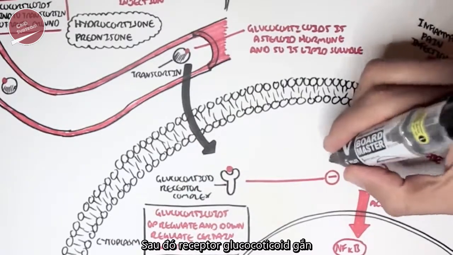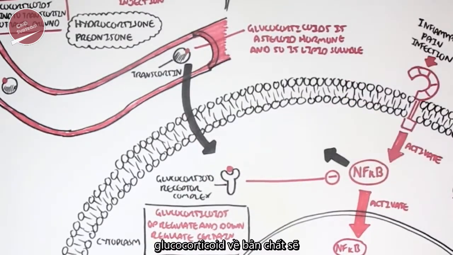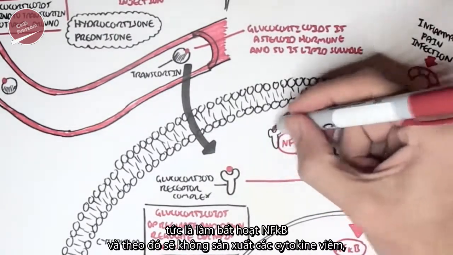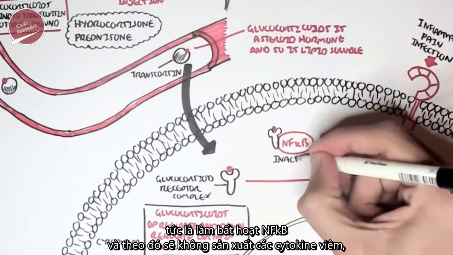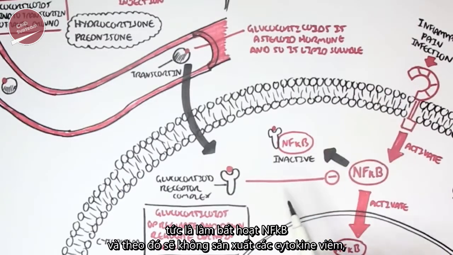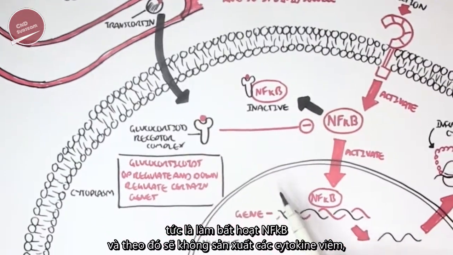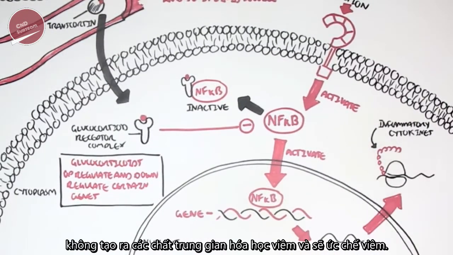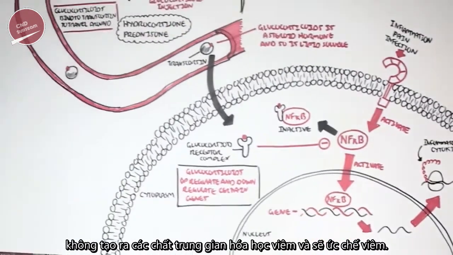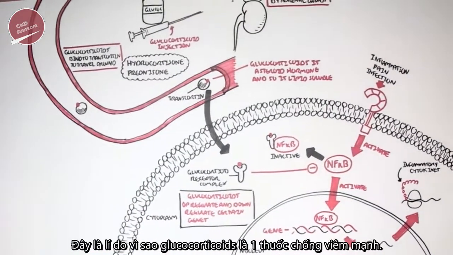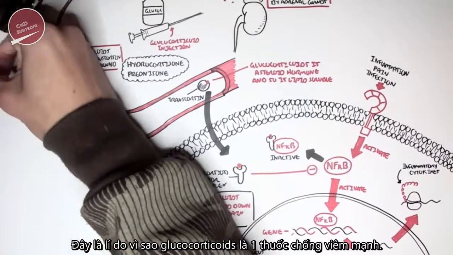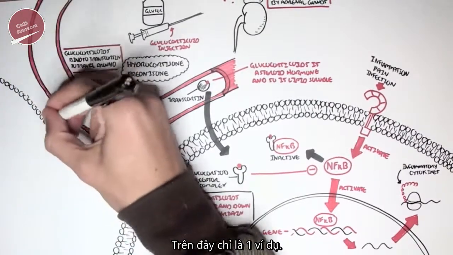Then this glucocorticoid receptor with the glucocorticoid will essentially inhibit nuclear factor kappa B's activity, which will make nuclear factor kappa B inactive, and thus it will not produce inflammatory cytokines or inflammatory chemicals, and so will suppress inflammation. This is why glucocorticoids are powerful anti-inflammatory drugs. This is just one example.